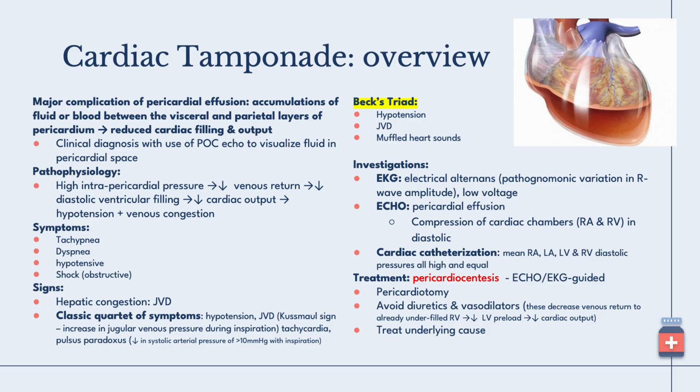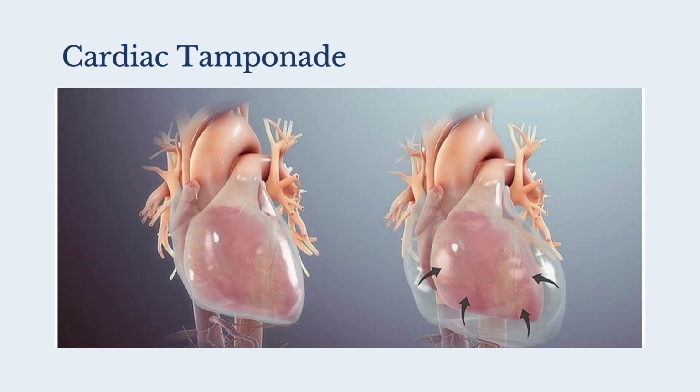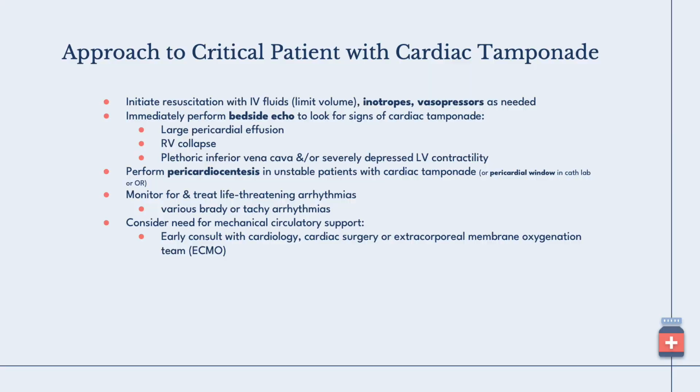And so we already have an underfilled right ventricle and a decrease in left ventricle preload and cardiac output. And really important to treat the underlying cause, so whatever's driving the tamponade. So another image of tamponade.